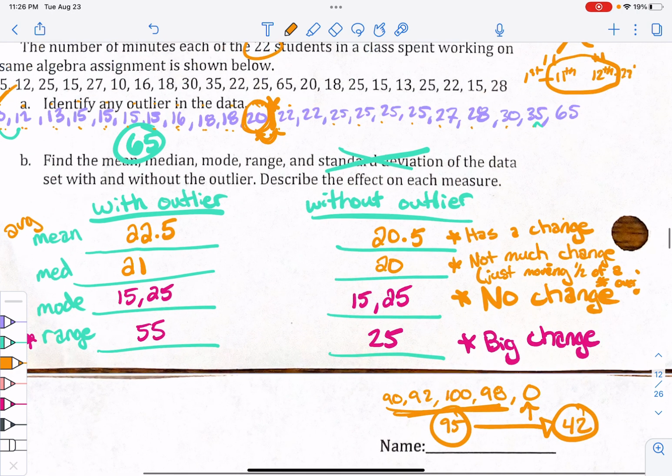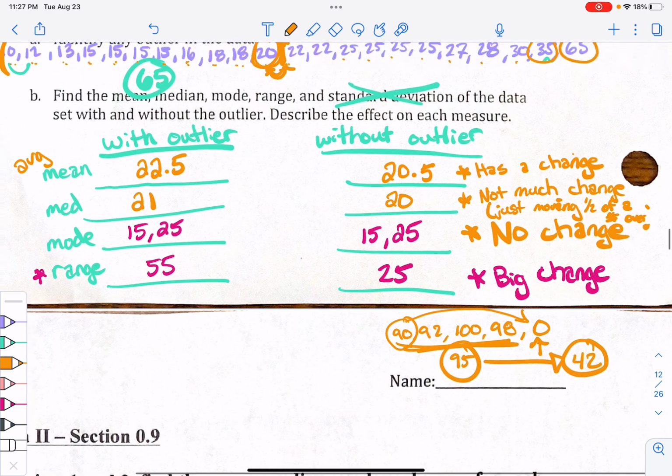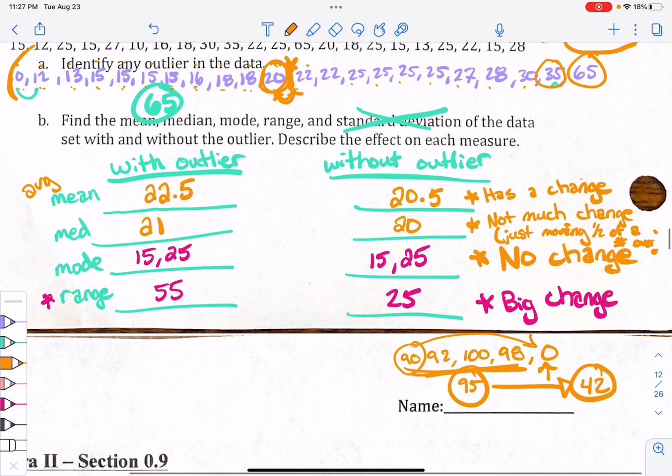My smallest number was 90 before, and now my smallest number is 0. That's a bigger change than going from 35 to 65. So our average only changed about 2 points, but it has the potential to change a ton depending on what my numbers are. So I'm just going to say it has a change. In this case, it was only 2 points, but it could be way, way higher than that.